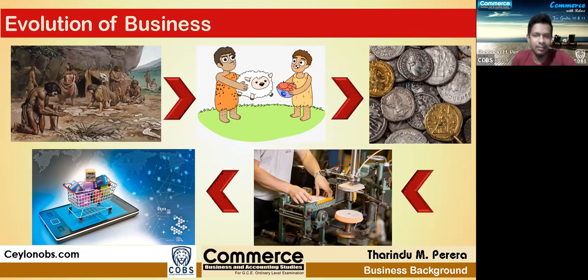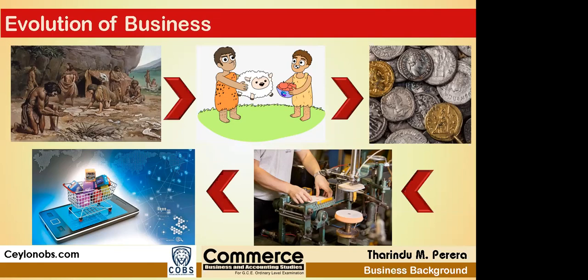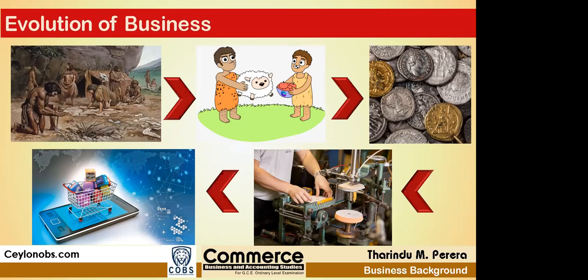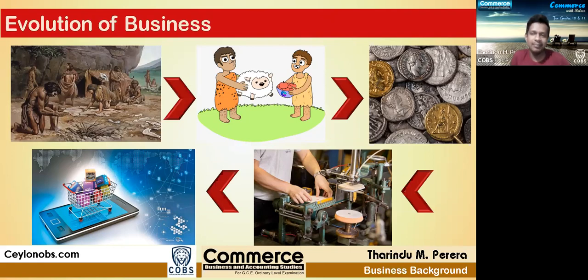You told that, no? Sinhala medium. Yes, sir. Industrial revolution means karmika viplavaya. Have you heard that word? Not yet. Yeah. You have heard. In that era, what have they done? They have used machineries, no? Machineries to produce goods and services.